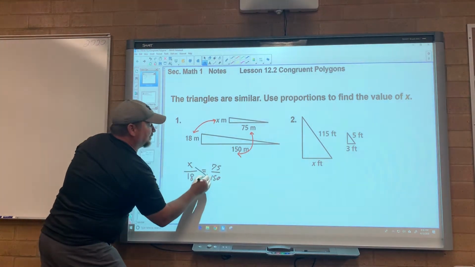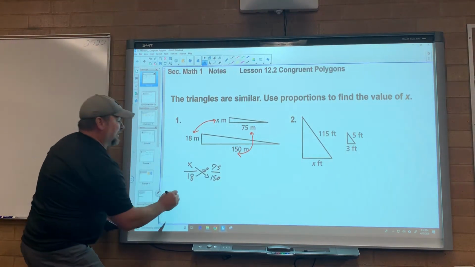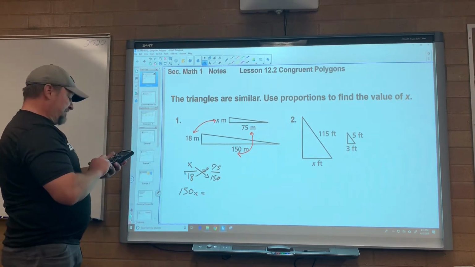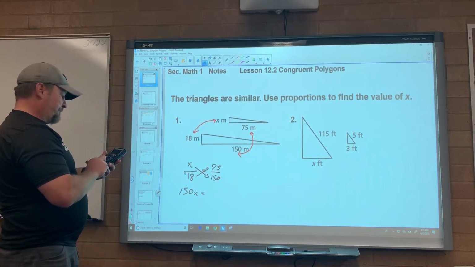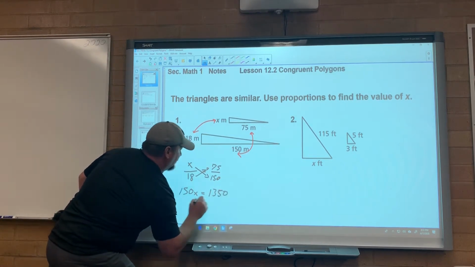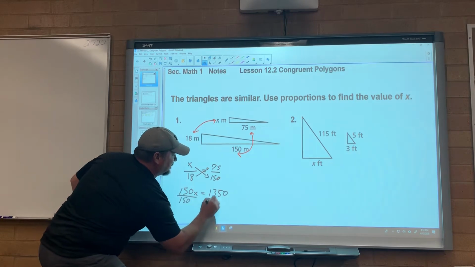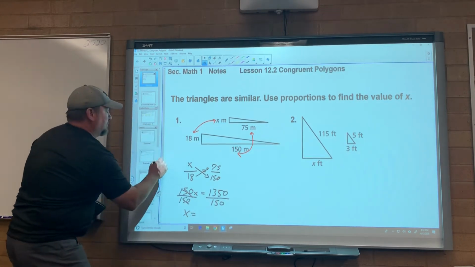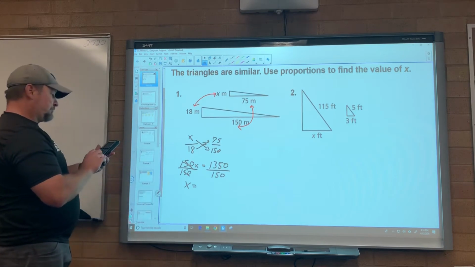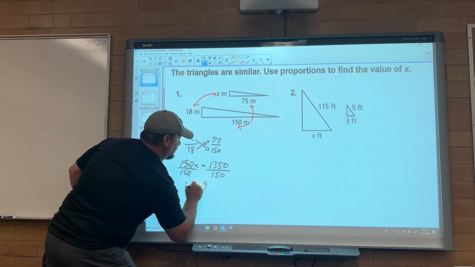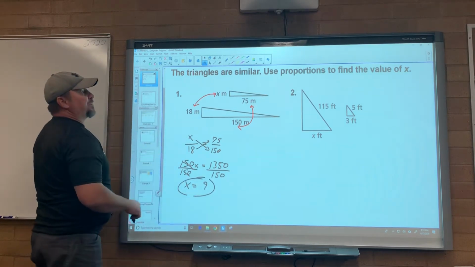So we'll cross multiply, and we're going to get 150x equals 18 times 75, which is 1350. We'll then divide by 150, and we get x equals 9. And so our answer on that first problem is 9.